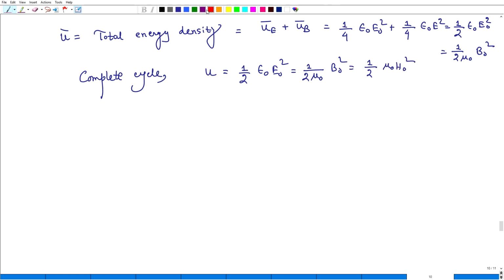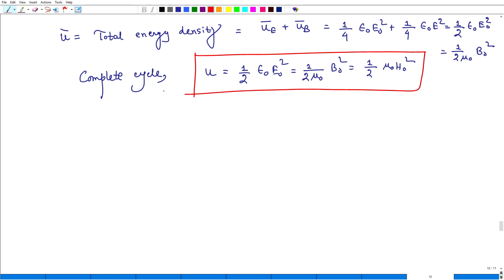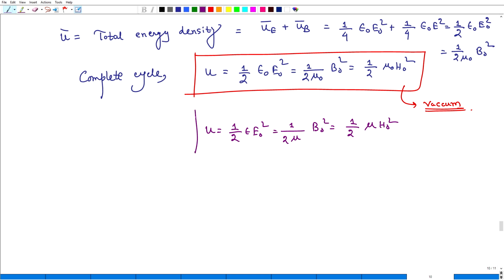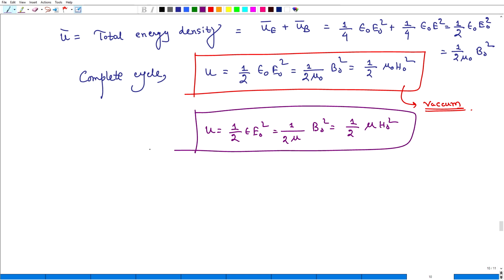All three forms are equivalent. This is the form of the energy density, and this is for vacuum or free space. In general, we can write U equal to half of epsilon E naught square, or half mu B naught square, or half mu H naught square. This is the general form. This is the definition of the energy density.